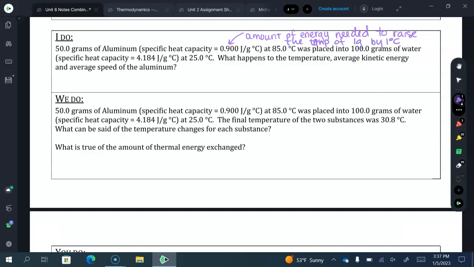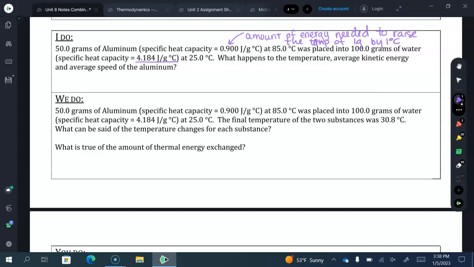So it's kind of a measure of how fast you can change that temperature. So a very low specific heat capacity means it needs very little energy to change temperature, so it'll change temperature faster, versus something with much higher specific heat capacity. So water has a specific heat capacity of 4.184 joules per gram degree Celsius. That means it needs a lot of energy before it starts to heat up.